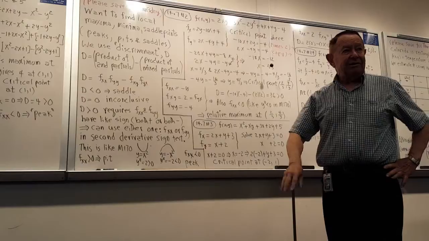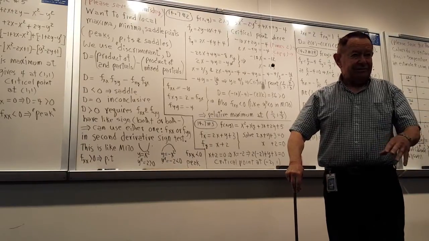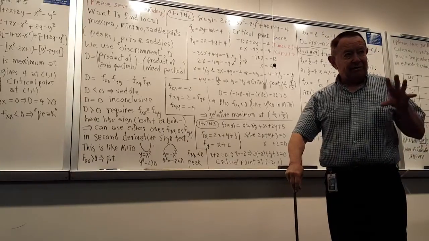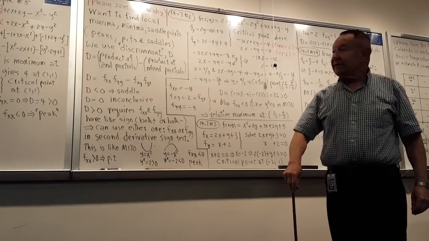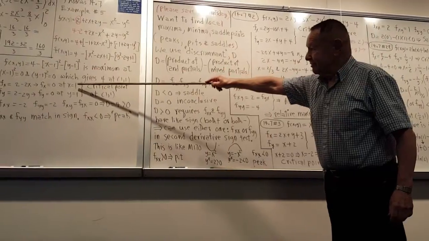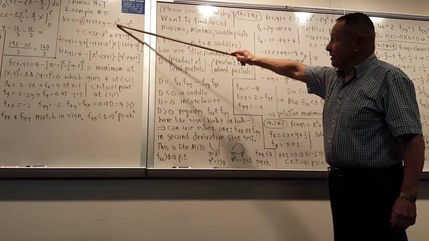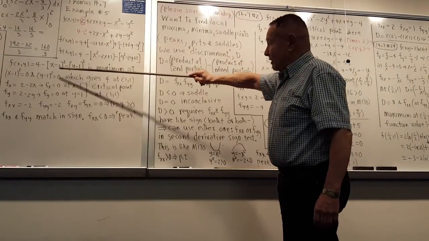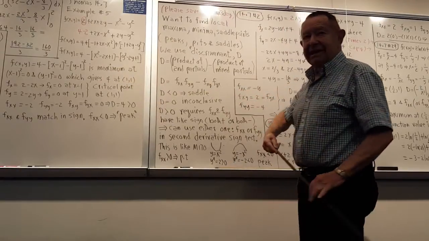Like in first semester calculus, you get it the same way: it's where the first partial derivatives are both 0. It'll turn out when we go back to this example and redo it here with the calculus that the critical point for this one is the point (1, 1), where we ended up finding that we had a maximum.